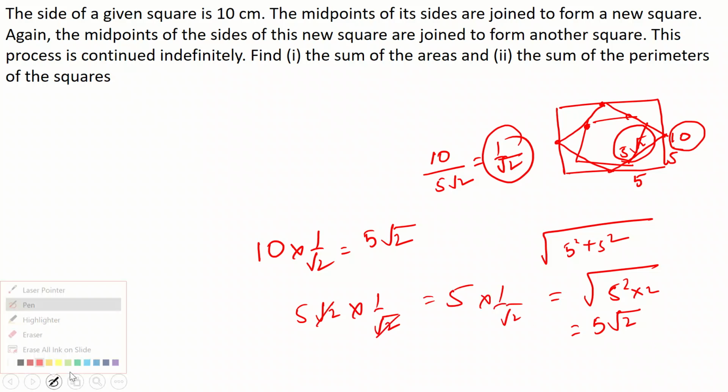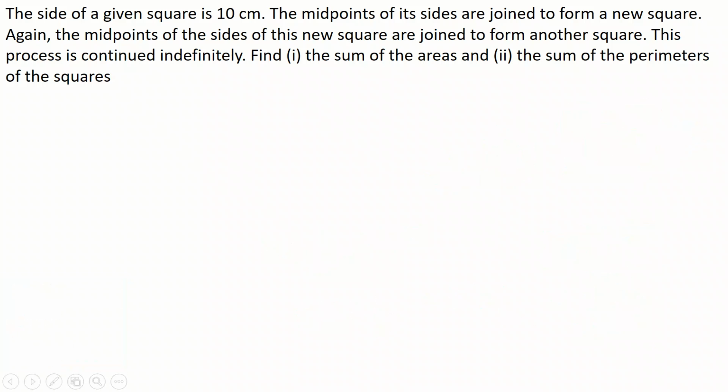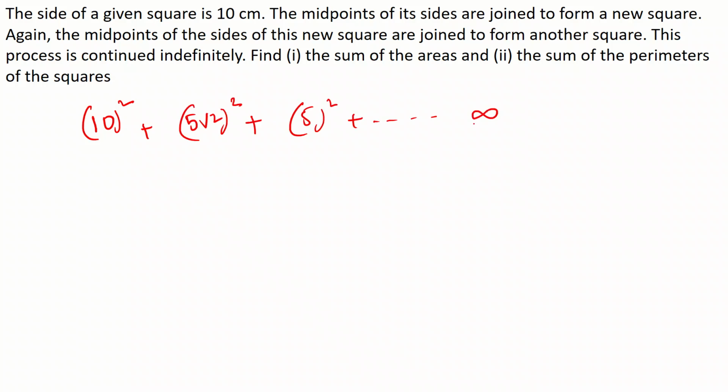So the sides are constantly getting multiplied by 1 by root 2. What is the area of the first square? The area of the first square is 10 square, of course, that's side square. The area of the next square is 5 root 2 the whole square, then the area of the next square is 5 the whole square, and this goes on till infinity.